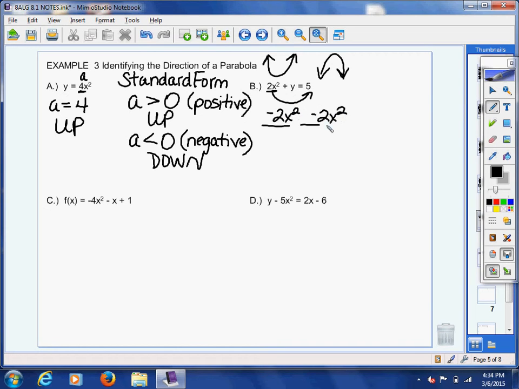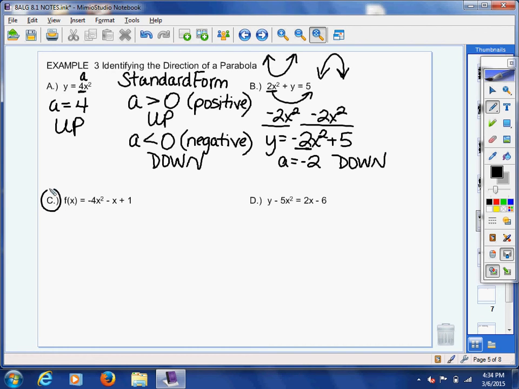Okay, so here's what it would look like. Y equals negative 2x squared plus 5. Now look at the A. Look at the number in front of your x squared. It's negative, so that means this parabola, if I were to graph this, would open down.